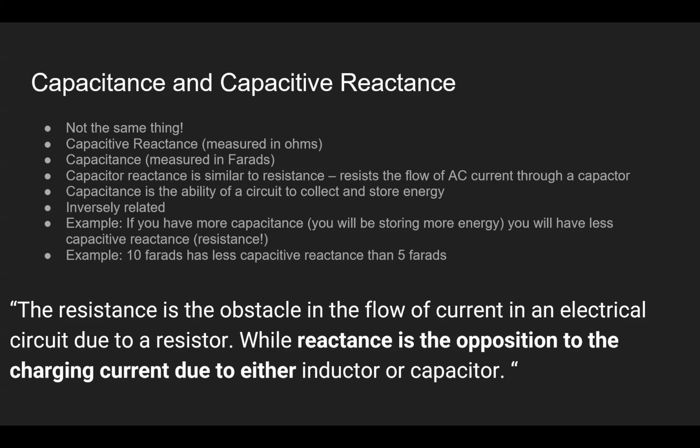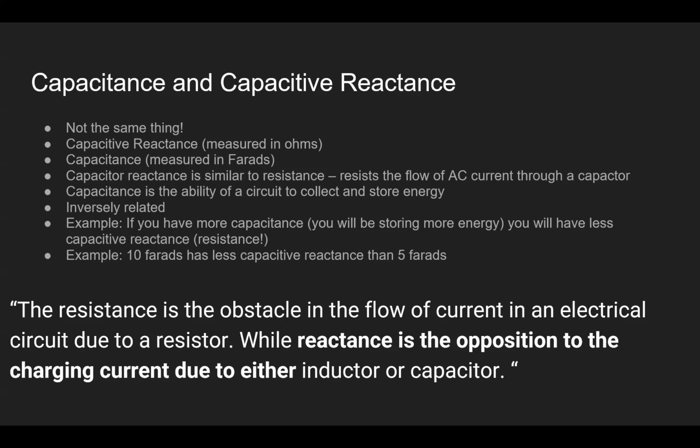I just have a quote at the bottom here. The resistance is the obstacle in the flow of current in an electrical circuit due to a resistor. Let's break that down, because that makes sense. The resistance is what slows down our current in a circuit, and that's because we add resistors, while reactance is the opposition to the charging current due to either an inductor or a capacitor.